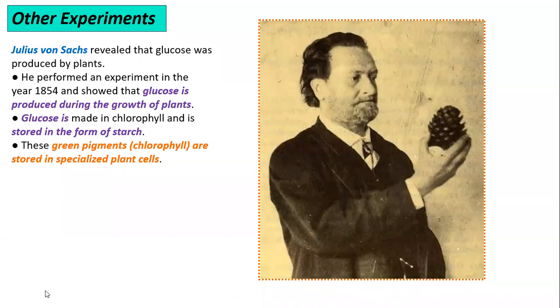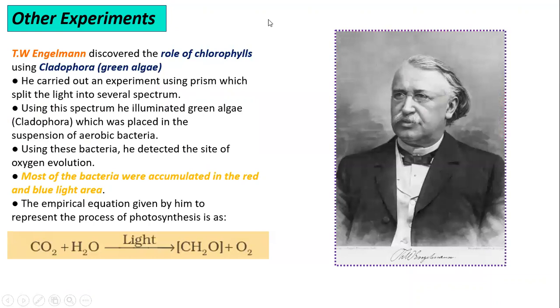Okay, everyone? Yes. Next one is T.W. Engelmann. This is again in the NCERT; Jean Senebier and Robert Mayer are not mentioned in the NCERT, and the rest of everybody we are going to discuss is mentioned in the NCERT.